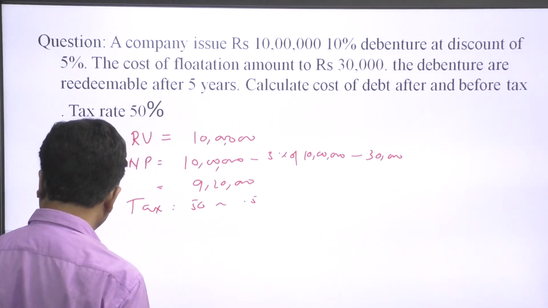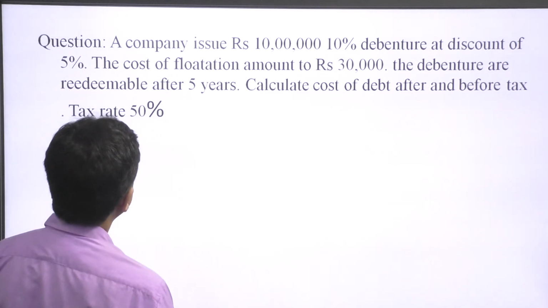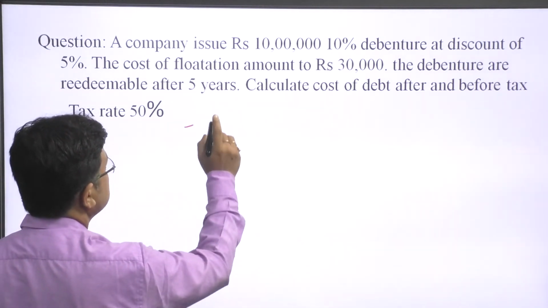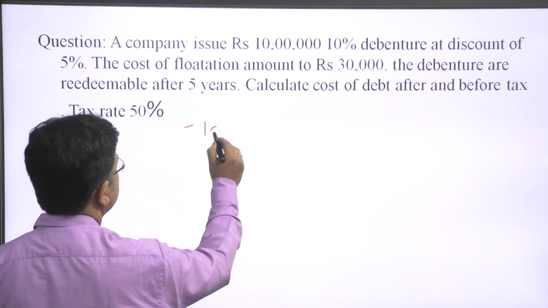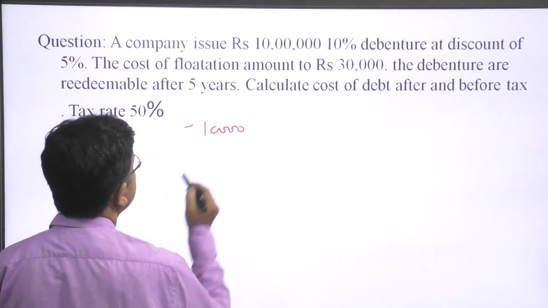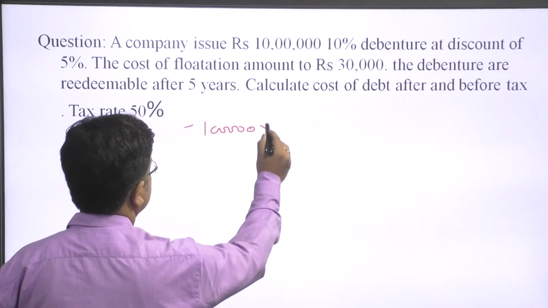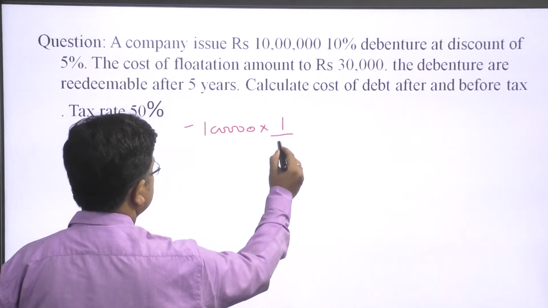We put the values here. So, I equals 10% of 10 lakh, that means 1 lakh, and n is 5 years.